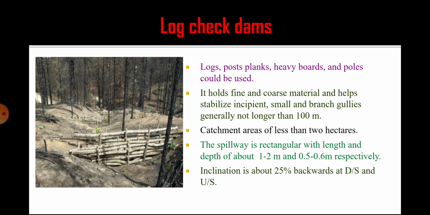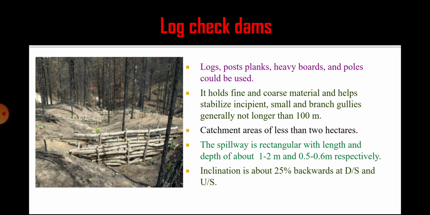The inclination for the log check dam has to be maintained, about 25% backward at the downstream side, to allow a controlled amount of water.